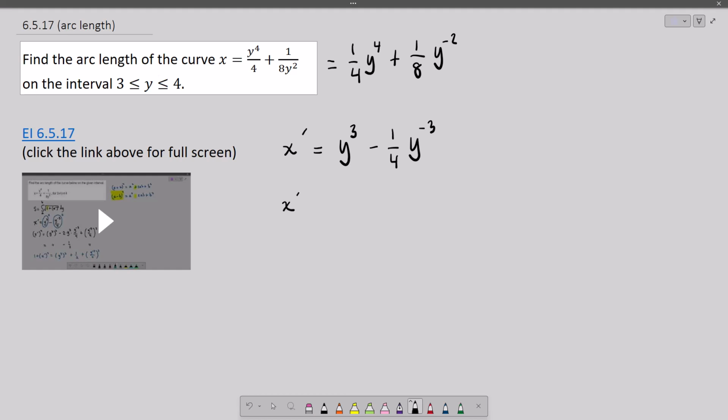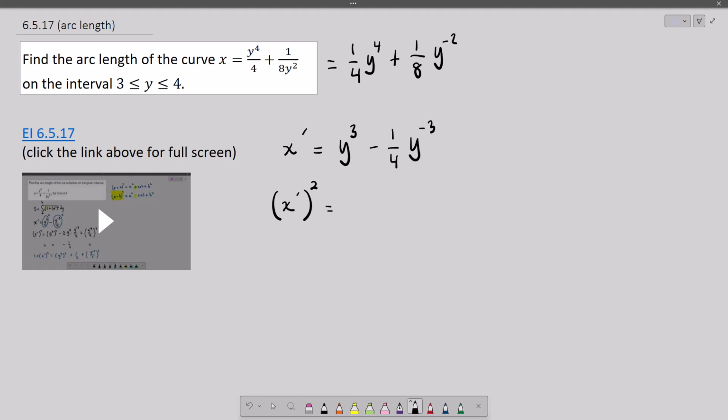And so we know with arc length or surface area, we have to do that ds conversion to dx or dy. So we have to square the derivative here. And here's the part, if we're doing arc length, that I recommend: don't just FOIL it all out and simplify everything. Leave it in its general form.